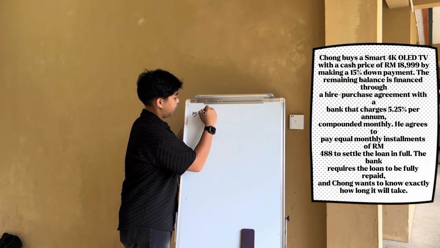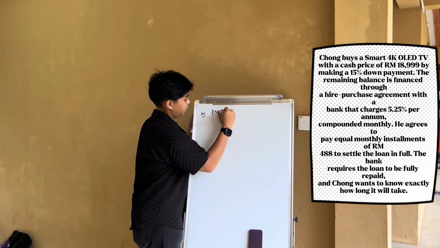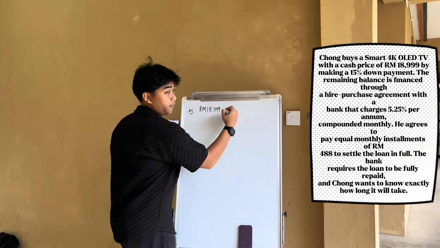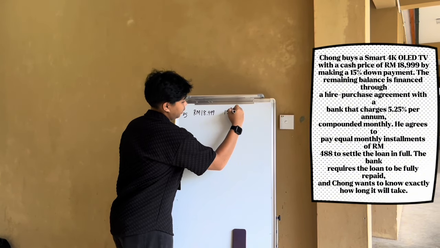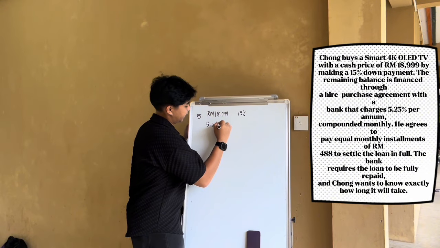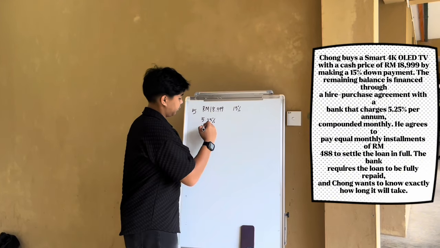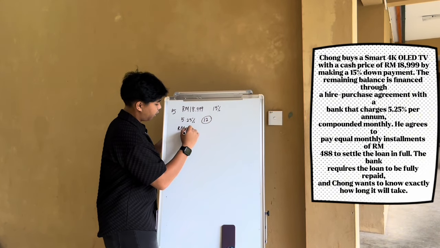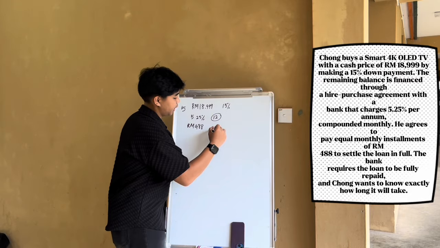Cheque price RM 89,999, by making a 15% down payment, charged 5.25% compounded monthly. So monthly is RM 488. What is the time here?